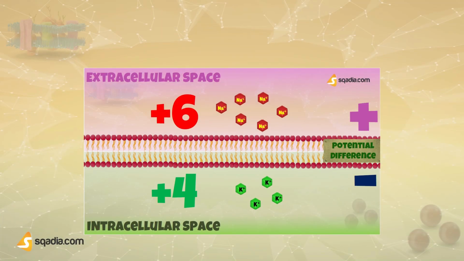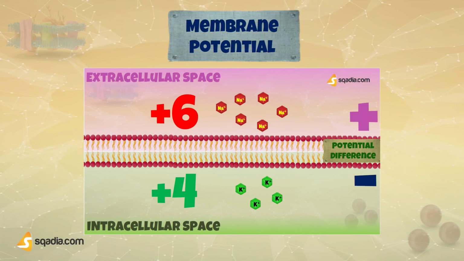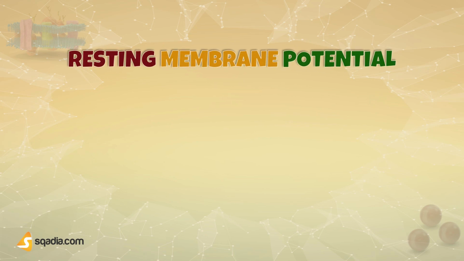So, is this called membrane potential? That's right. This is a typical example of membrane potential. Potential difference is also known as voltage difference or ion concentration difference, so don't get confused by different literature books.